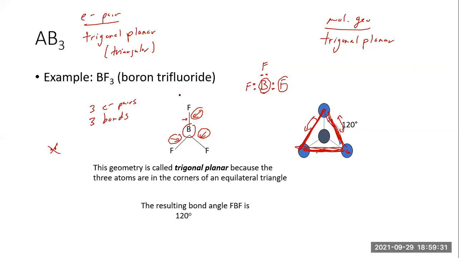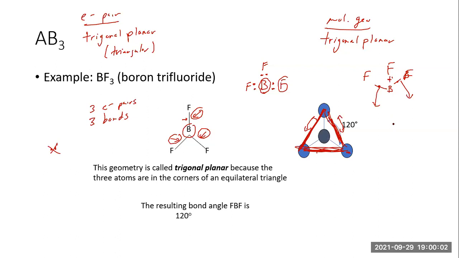It's basically how far they need to get away from each other. In this particular case, we have these fluorines here, and these bonding electrons here, here, and here really don't want to be near each other because they're all electrons. So this one goes, I'm going to get away from you. This one goes, I'm going to get away from you. And this one goes, I'm going to hang out here.